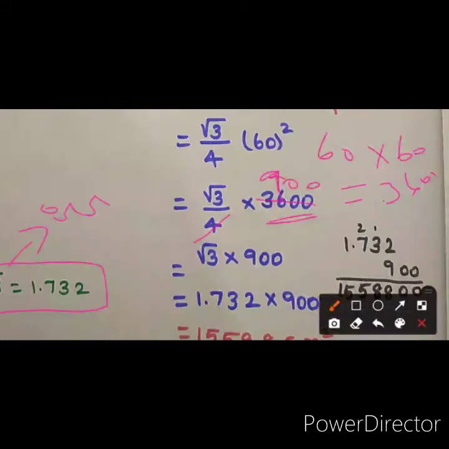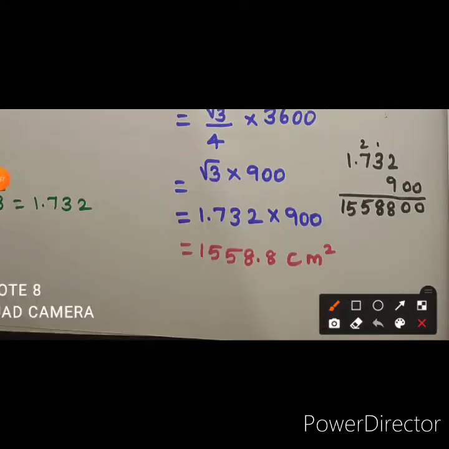Root 3 is 1.732, so we are multiplying 1.732 into 900, which is 1558.8 centimeter square. So the answer is 1558.8 centimeter square. That's all, my dear.